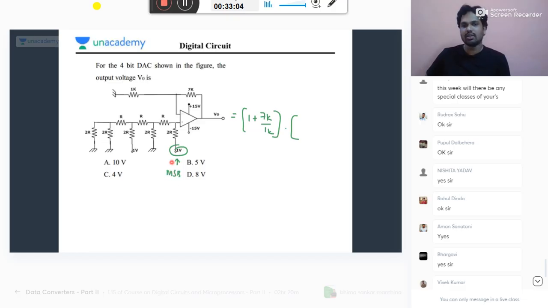What is the MSB voltage? 1 volt now, so 1 by 2. Next input is ground, 0 by 4. Next input is again 1 by 8. Next input is ground by 16. Don't say by 32 also; I told you this is always ground only. Don't take it as an input, it is a part of the design. So now what is the answer? 8 into 1 by 2 plus 1 by 8, which will give you the answer as 5. Very simple.